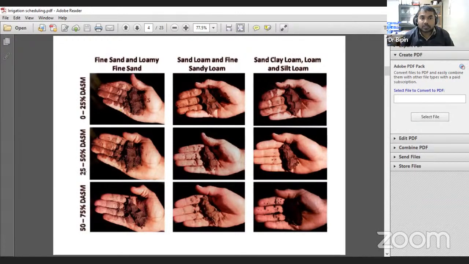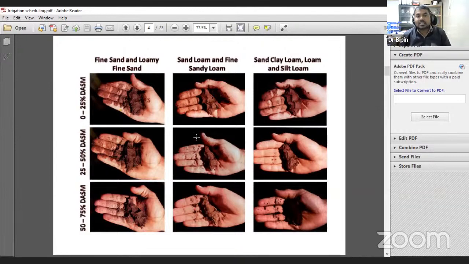But you can see when it is depleted more, 25 to 50%, then less soil is attached to your hand. Most of it is collected and becomes the ball. But again at 50 to 75%, very little moisture will be felt on your hand, and most of the moisture will be only in the ball.